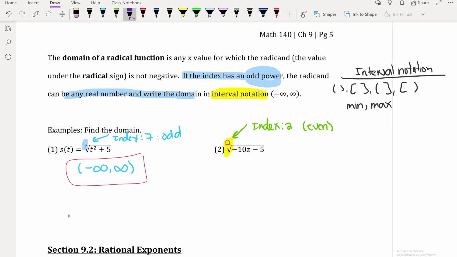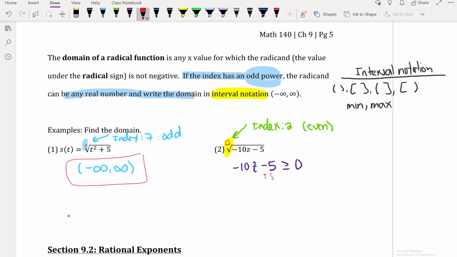So remember, the inside of the radical can never be negative. That's where we got the error. So I'm going to say negative 10z minus 5. And it has to be, not equal to 0, but it has to be greater than or equal to 0.